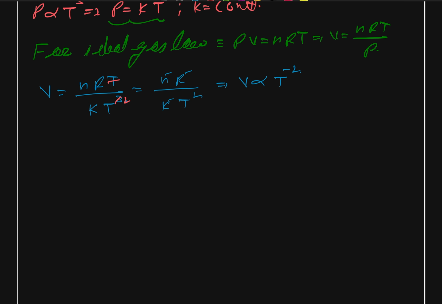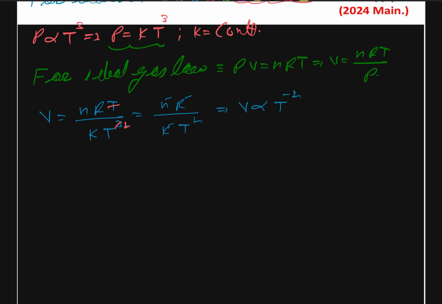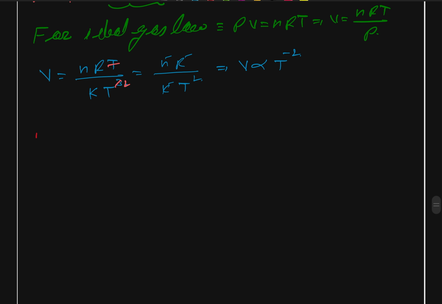We are given that PV gamma is equal to constant. We know that P is proportional to T cube, and V we found out is T raised to power minus 2, and this whole raised to power gamma is equal to constant.